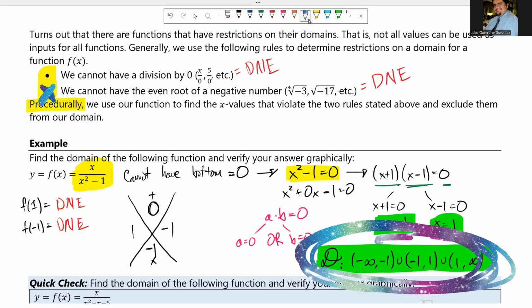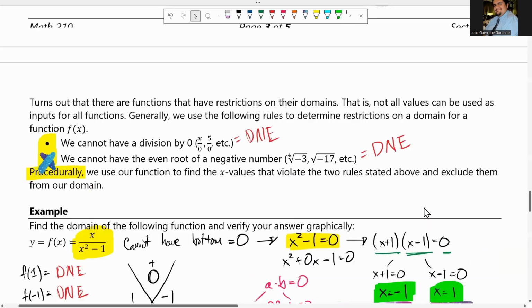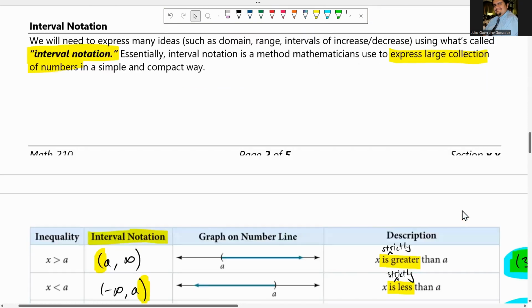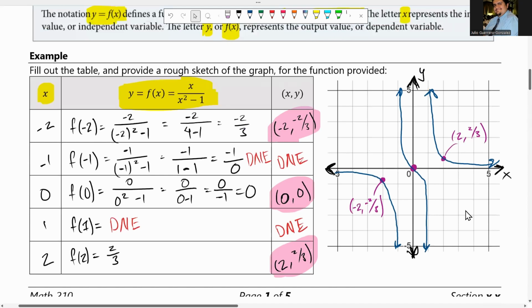Now, I want to bring up one thing. Remember that thing that I told you to keep in the back of your mind from our example? Let's go back to our example. Here is x equals -1, and here's x equals +1.